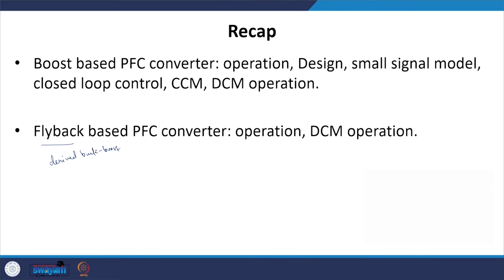Now, having understood the single phase AC to DC converters, we now move our focus to 3-phase AC to DC converters. These single phase AC DC converters are used for low power applications going up to 7 kilowatt, but beyond that power level one needs the 3-phase AC DC power converter.